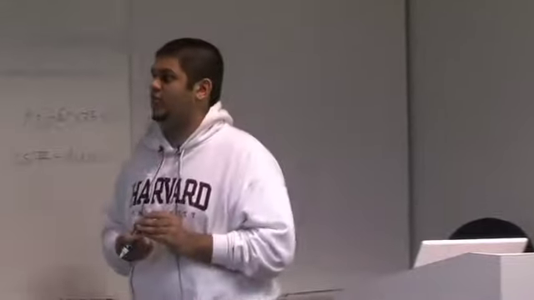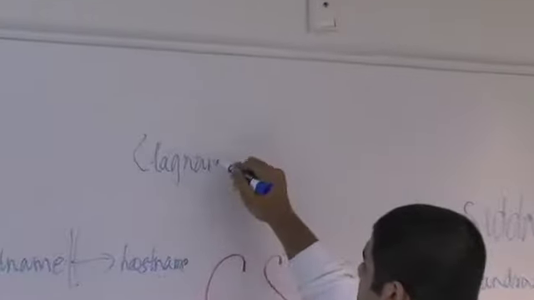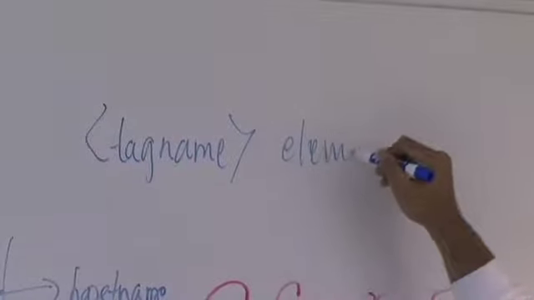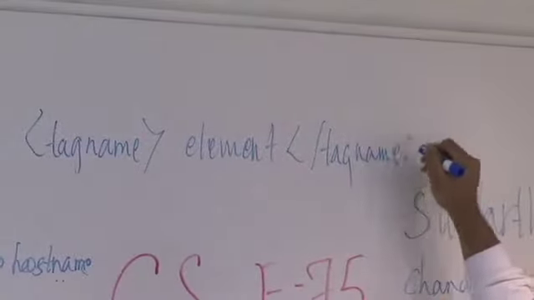Once you do this, you have to make sure that it works on multiple browsers. The reason this doesn't work across all browsers is basically that HTML is a markup language. Markup is a set of text of the form: some tag name, element, and close the tag. All HTML is of this form.